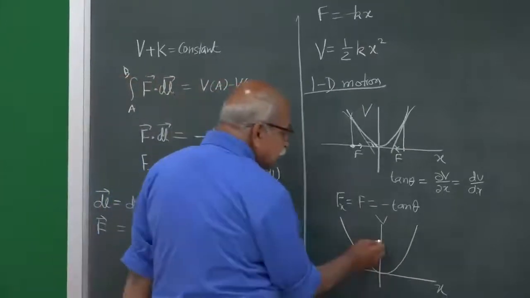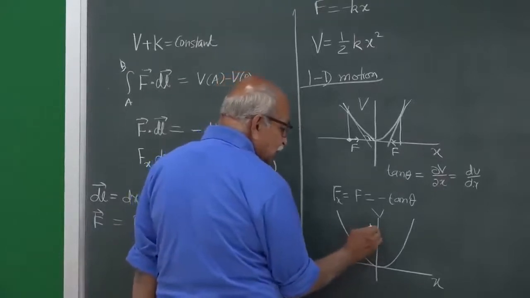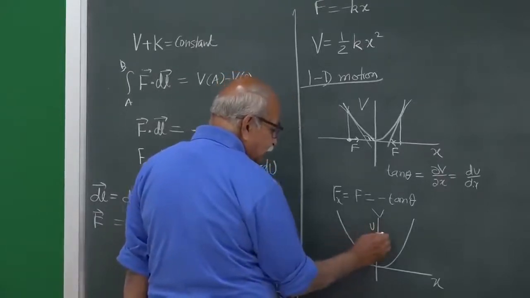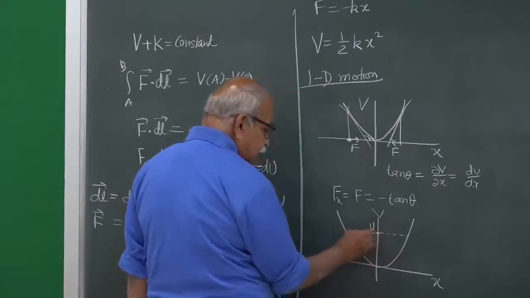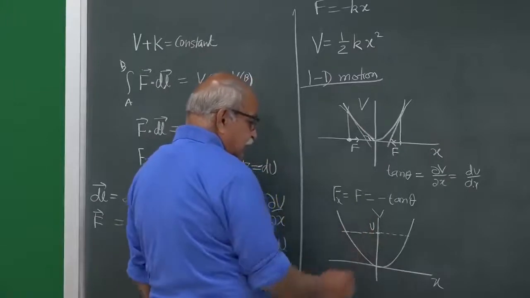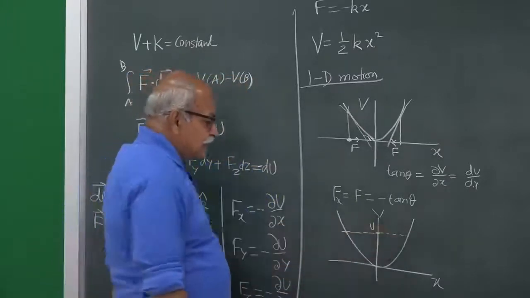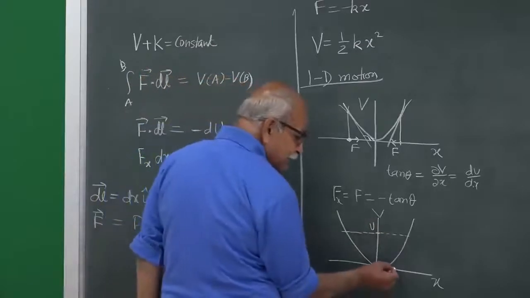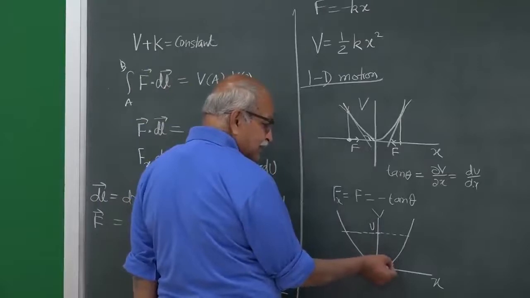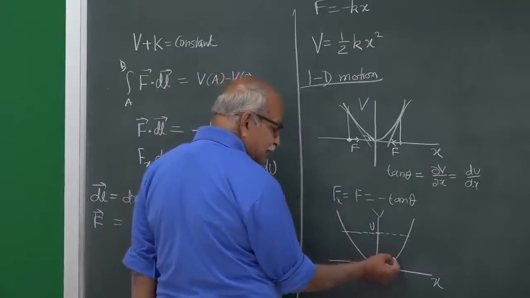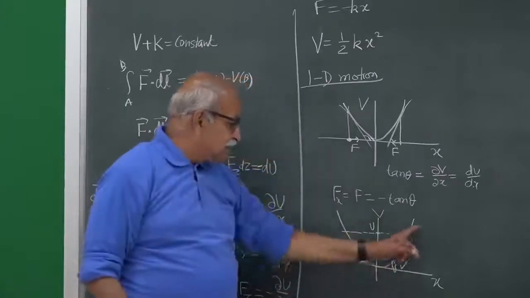If this is that total energy U, and I draw a line here, the total energy will always remain U. Suppose the particle is somewhere here, then this much is the potential energy, because this is the potential energy curve.